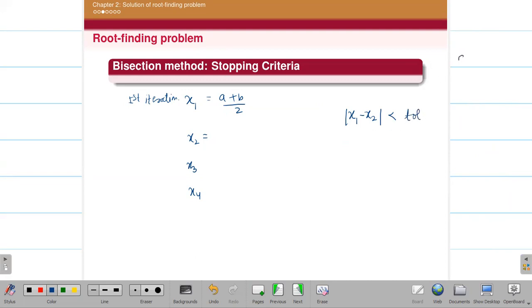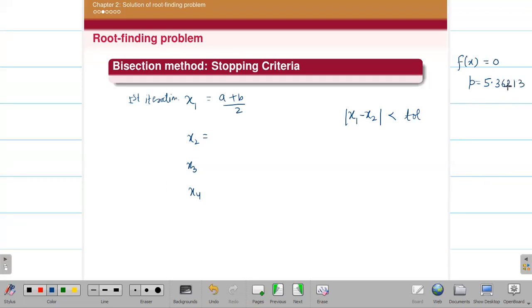If it is less than your tolerance, which will be given to you in the question, you find the root of f of x equal to 0 up to this accuracy. Suppose p, I'm writing the exact number here, the root is 5.36213.